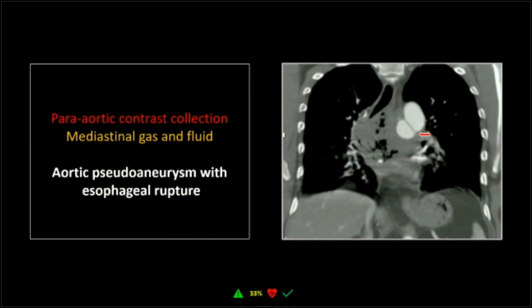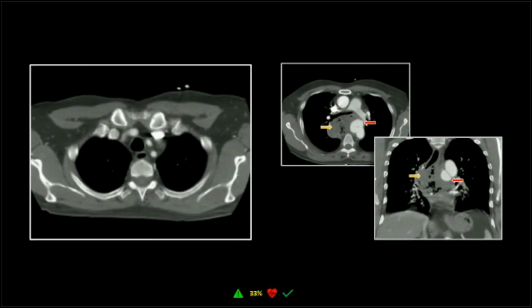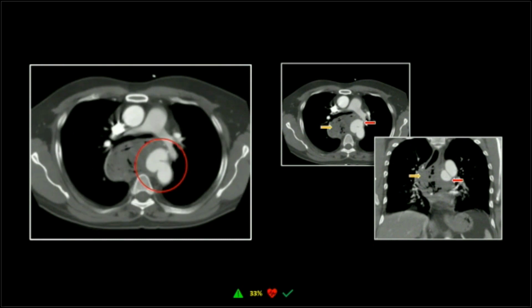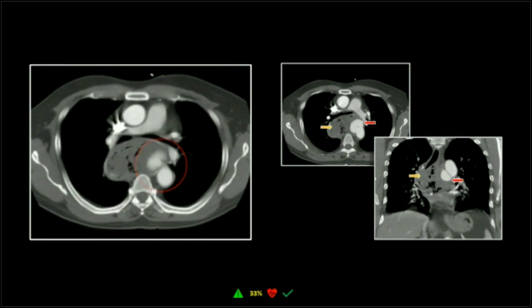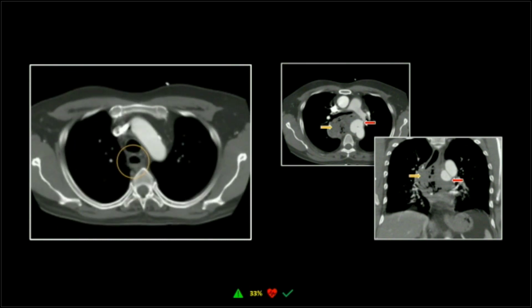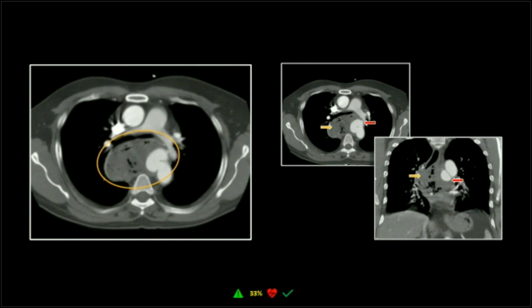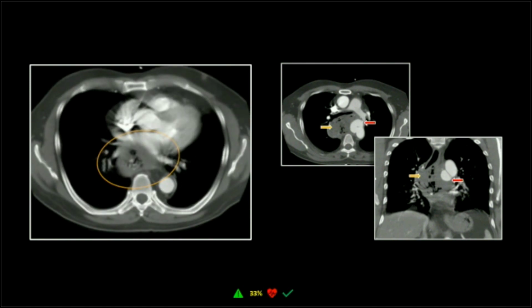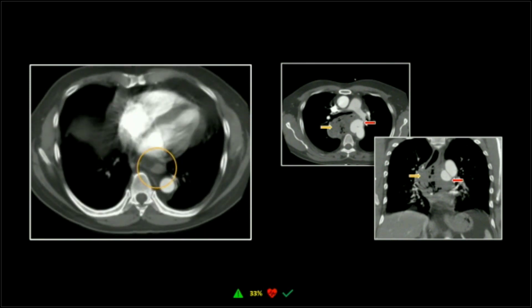And here it is, again on the coronal, and you can actually see that collection of gas and fluid. The esophagus just tapers down into it. On the axials, you can see it nicely. There is the aortic pseudoaneurysm. Now we'll go through it again, and you can track the proximal esophagus going into that collection of gas and fluid, and then you'll pick up the esophagus coming out of it.